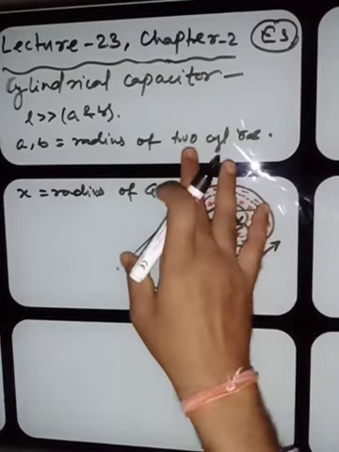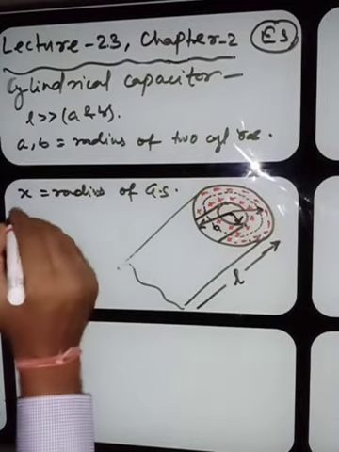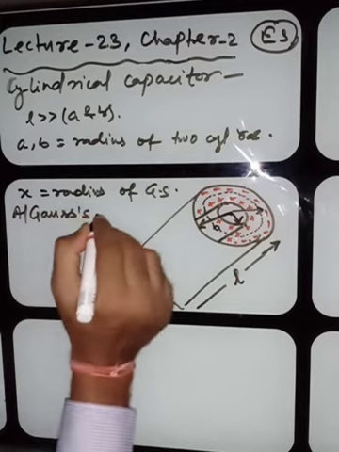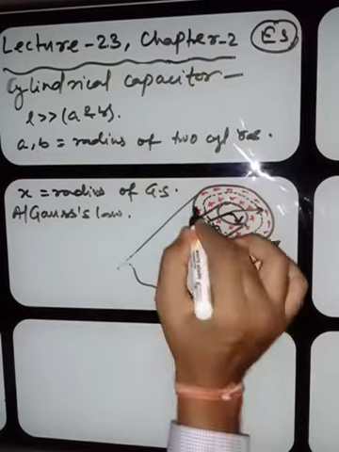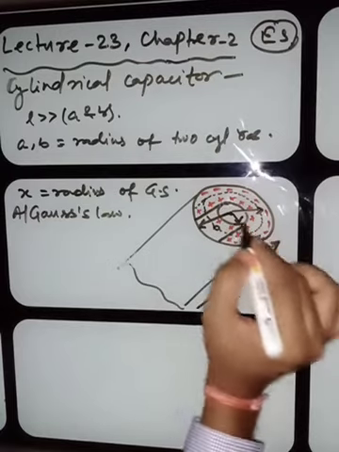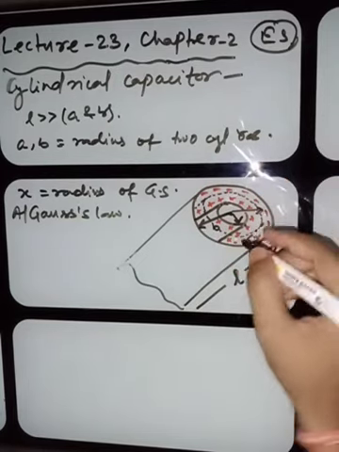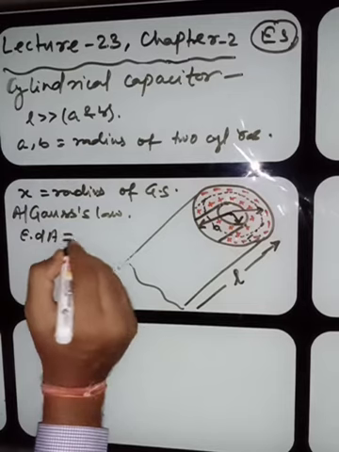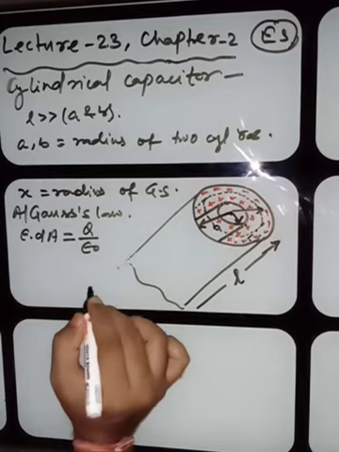First we have to apply Gauss law. Applying Gauss law, the Gaussian surface has the shape of a cylinder, and the integral of E dot dA will be written as Q by epsilon naught.